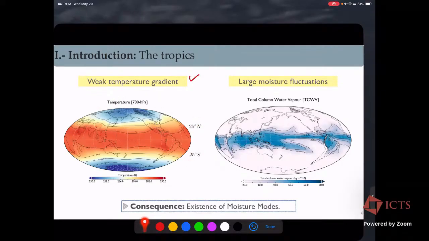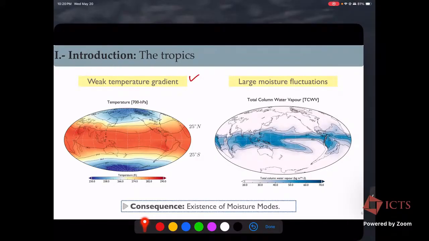You can see that temperature over the tropics is pretty homogeneous and changes little in time and space. The other main feature is that there is a large moisture fluctuation over the tropics that in fact drives and shapes the wave activity over this domain.